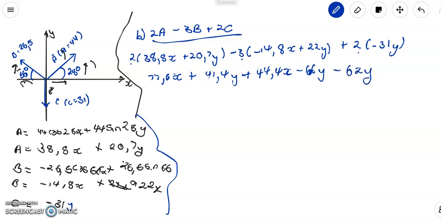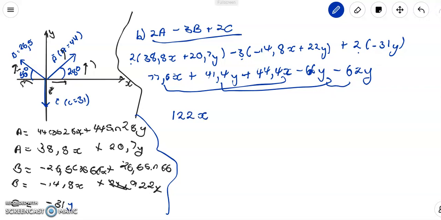And I just have to group these. I'm going to add all the x's together and the y's. You guys just know how to do this. That's 77.6 plus 44.4, which is 122x.